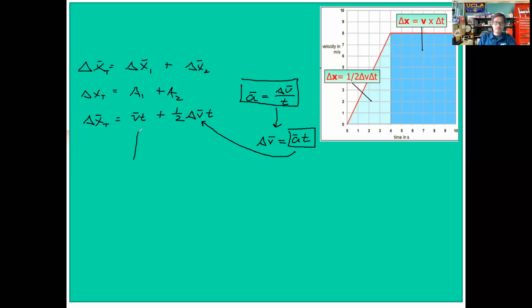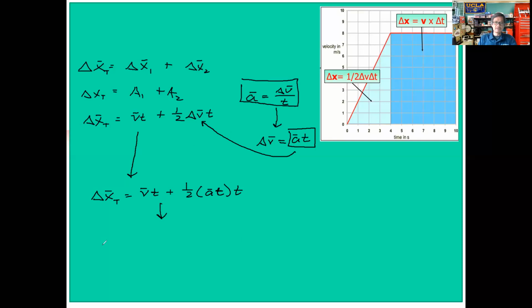If we do that, we can find that the total displacement is going to be equal to the velocity for the time interval that this object moves at constant velocity, plus 1/2, let's substitute this in, A, acceleration times time, times T again out here. So we get that.